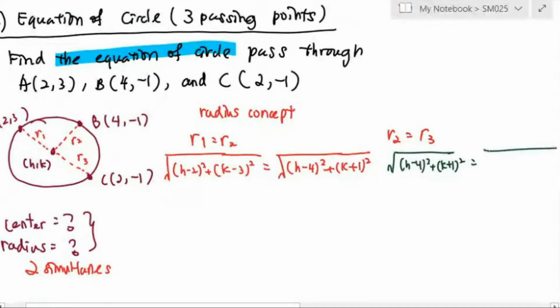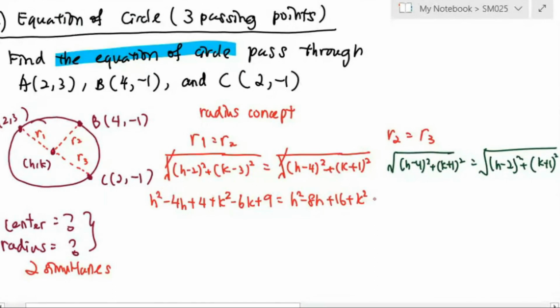For R3, it is the center minus the point, square, plus. So how do we simplify it? Both sides have a square root, so we can remove the square root, then we expand, and then we rearrange our equations.